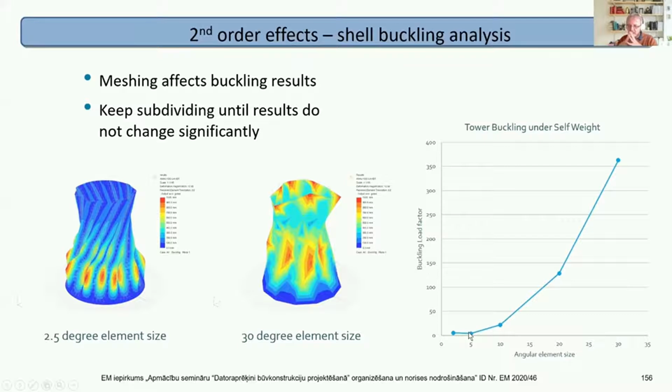Other thing to note, in this case we've got a double curved surface, and let's say we start off with this crude model and just split all the elements in half, that won't necessarily help very much, because the real structure is a smooth curve.